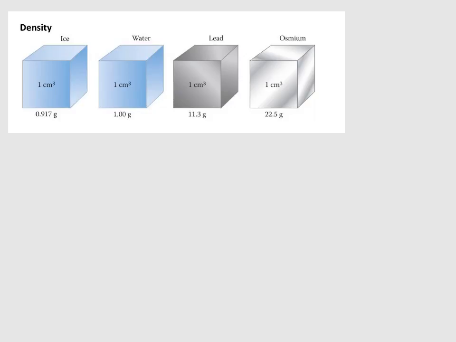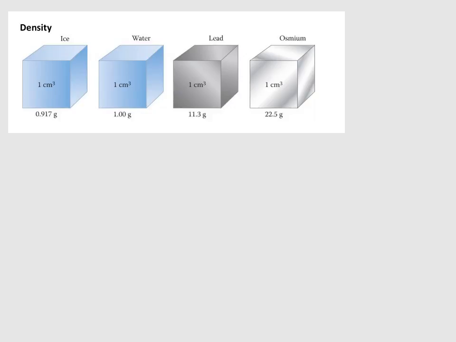Note that as you go across from left to right, the mass of these substances increases. The mass of 1 cubic centimeter of ice is 0.917 grams. The mass of 1 cubic centimeter of water is 1 gram. Lead is 11.3. Osmium is 22.5.